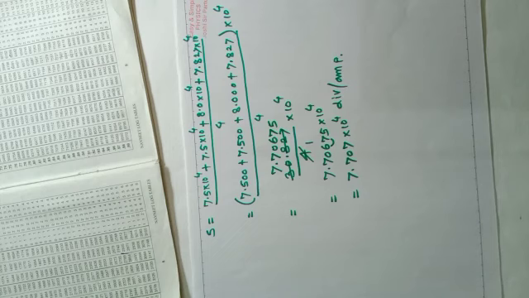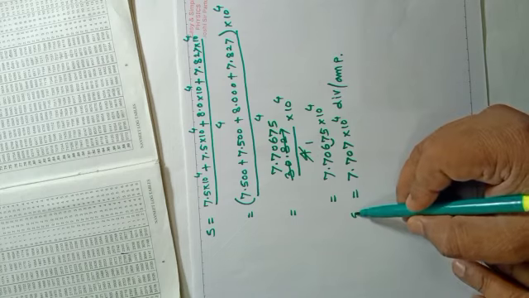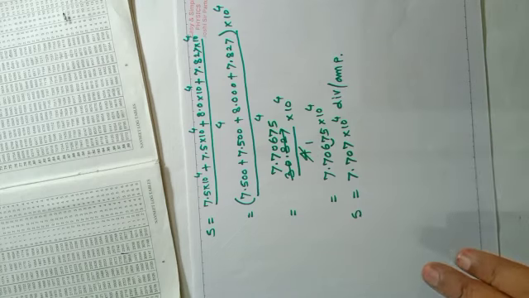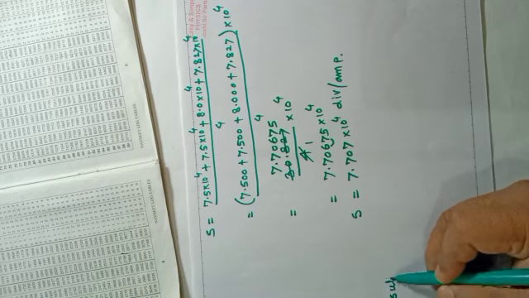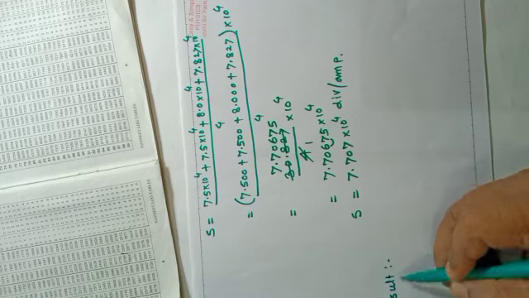So here the sensitivity of moving coil galvanometer, by using the calculation, it will be 7.707 into 10 to the power 4 division per ampere. So here we can write the result for the experiment.